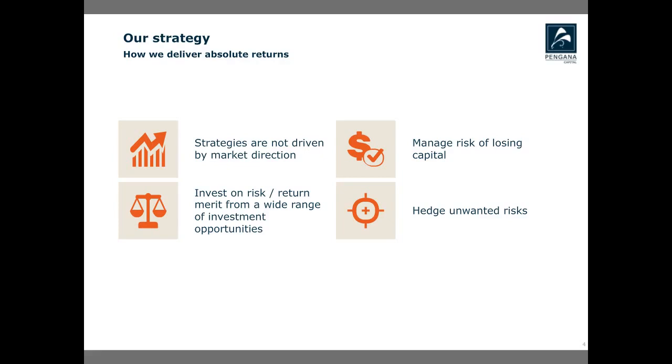We run a very tight net exposure, averaging between 0 to 10%, and we actively manage our residual beta in the portfolio by using derivative instruments such as put options on the market and index futures as well. So the key message here is that the strategy's returns are really driven by bottom-up stock picking around a particular event which has been announced on the market.